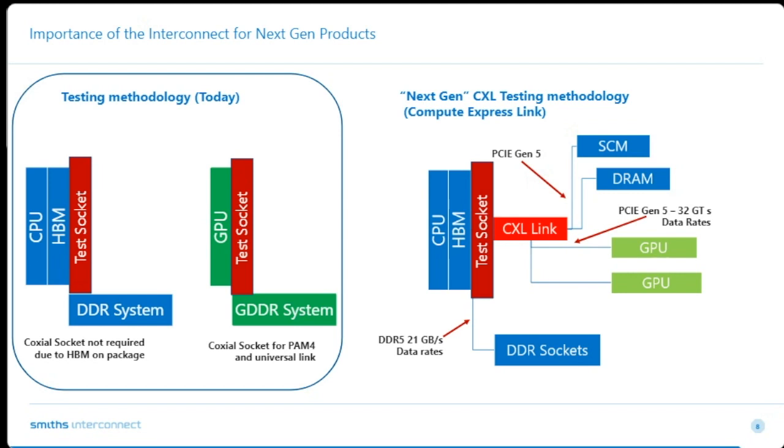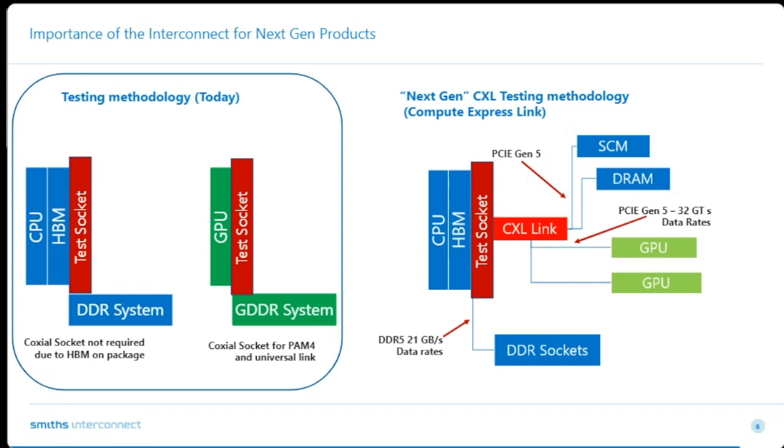In the test platform, a coax socket is absolutely required to test product, and this is just due to the GDDR memory being soldered to the system board and the GPU needing to communicate to that GDDR through the socket interconnect. So this coaxial socket takes into account these really, really high-speed signals that we can have very little loss in.